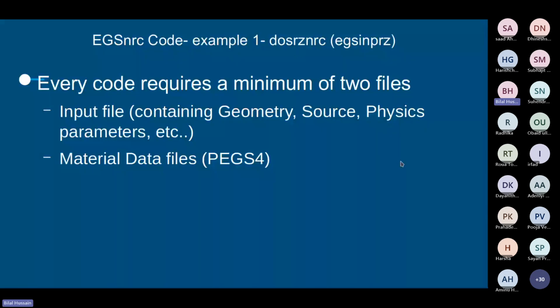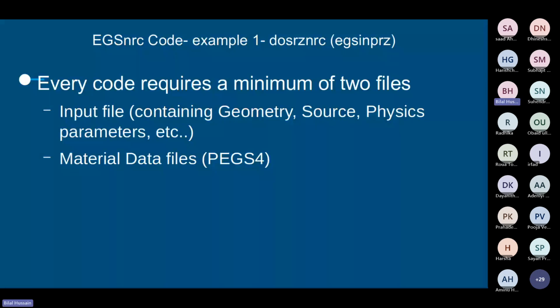Now I'll deal with one example today, just another 5 minutes. I'll be dealing with EGSnrc, not any other code. Every EGSnrc code requires a minimum of 2 files. One is the input file, which the user will give, where we input the physics parameters.